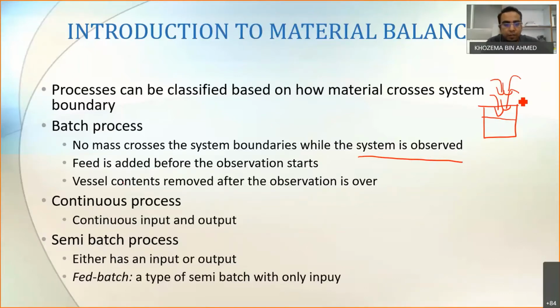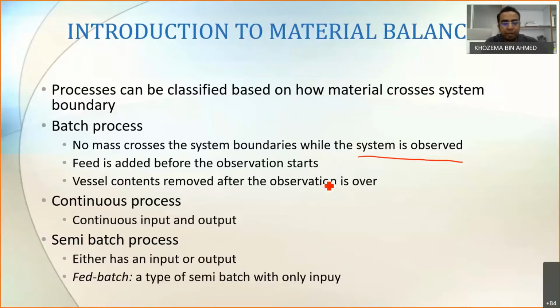Everything is already there. Feed is added before the observation starts. And then after, let's say, 1 hour or 2 hours, you are done using the system. Then only you remove the content of the vessel. So after 2 hours, then only you open the lid of the system, and you take out everything that you put in. So that is how a batch system works.